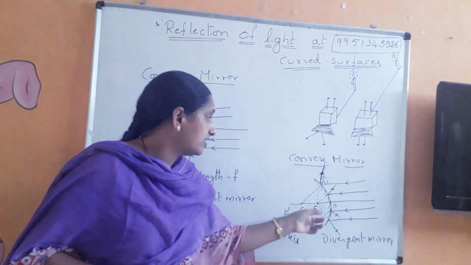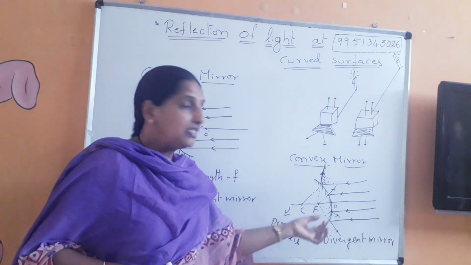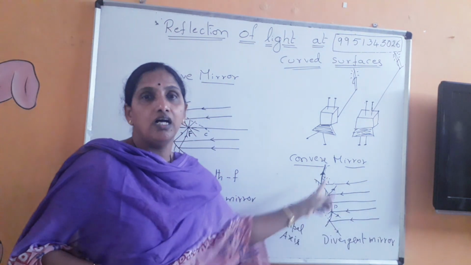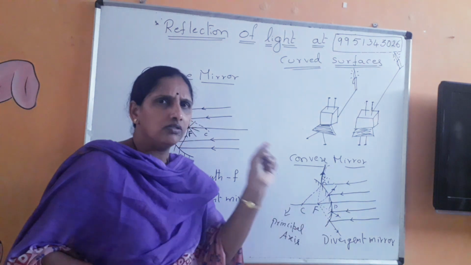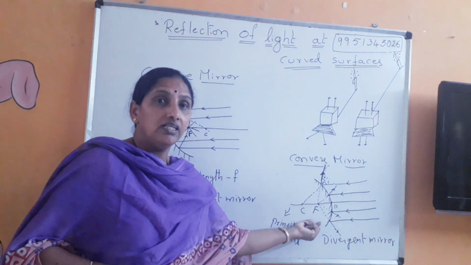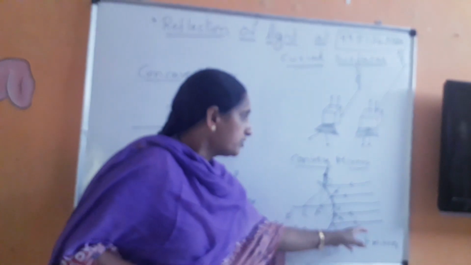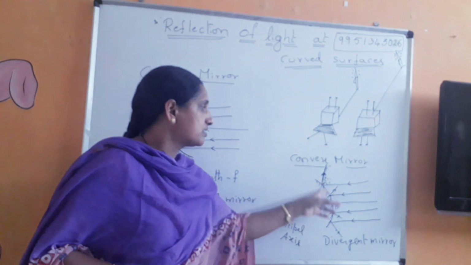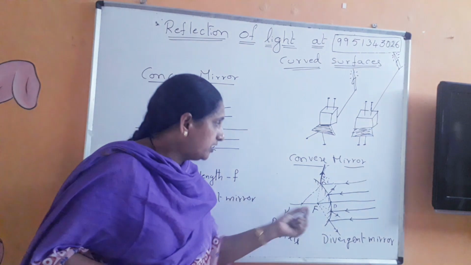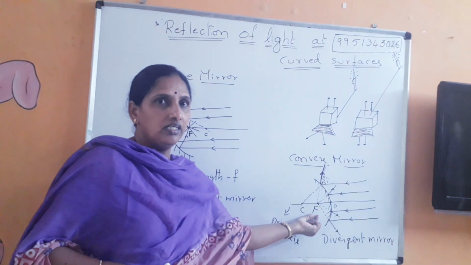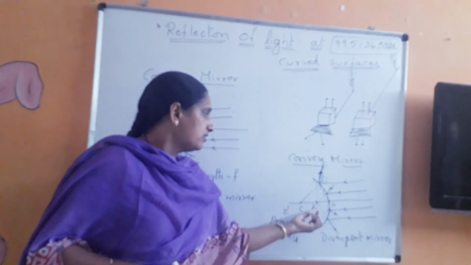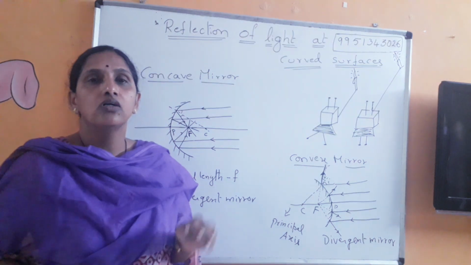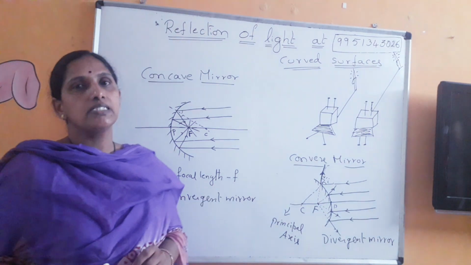They are in fact not getting diverged from here, but they seem to be emerging out from this point. So there is a small twist in this definition: when rays parallel to the principal axis are made incident on the convex mirror, the point from where the reflected rays seem to emerge is called the focal point or focus of that convex mirror.